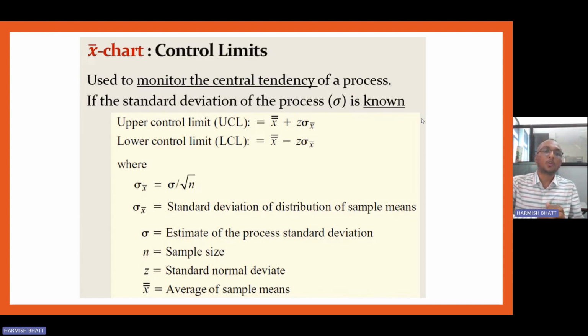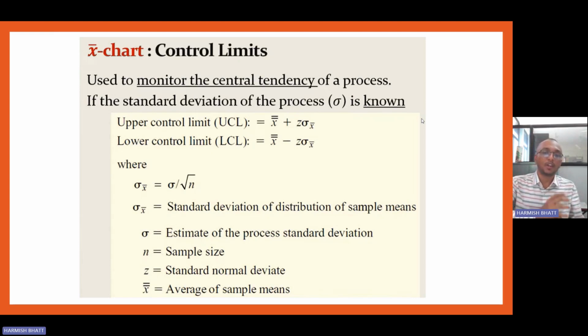To find out the upper control limit, we have the equation: UCL is equal to x double bar plus z times sigma x bar, while the lower control limit LCL will be equal to x double bar minus z sigma x bar. Now we need to understand the meaning of z, sigma x bar and x double bar.